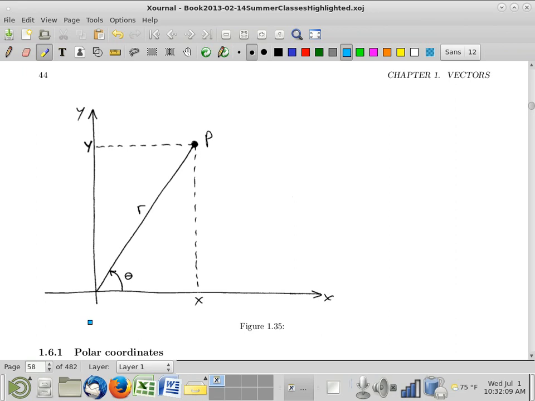Here's a weirder point of view on that same thing. I could do that, thus describing that I should go in that direction. And in that direction, I should go a negative distance. That would still get me to that point. So, a little bit awkward. You have to realize that there are different ways to describe the same point in polar coordinates.